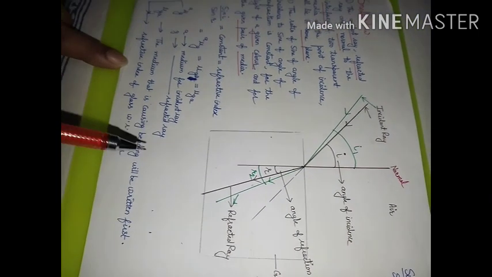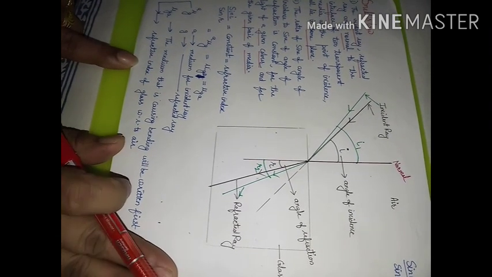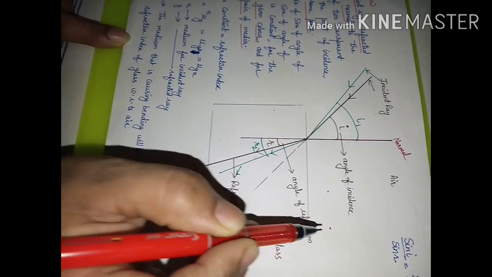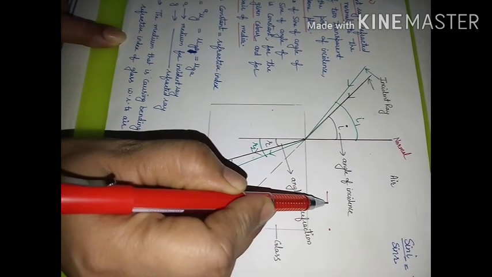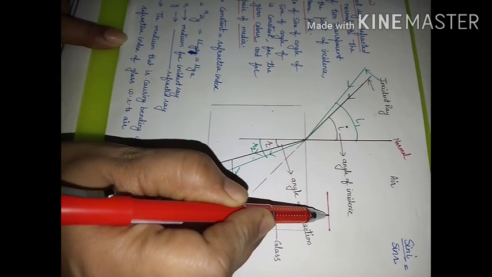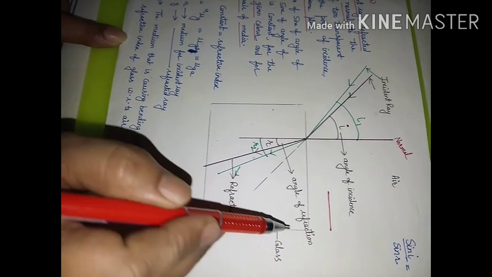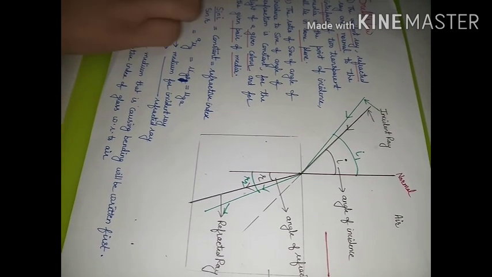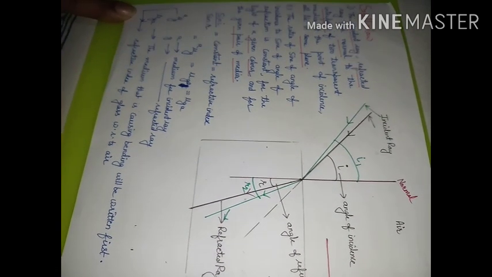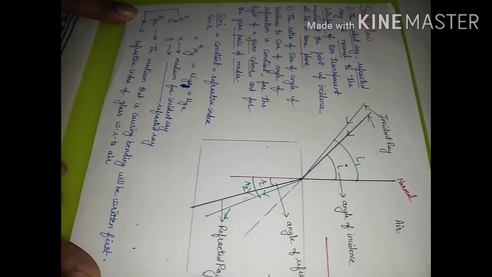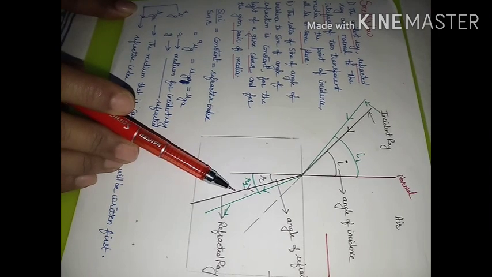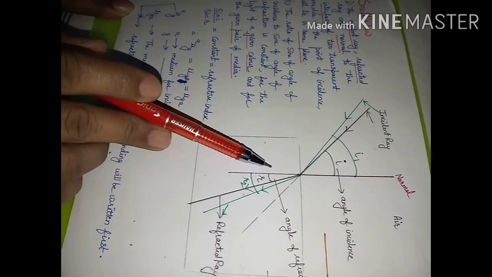Plane means a flat surface, two-dimensional, where if you draw any two points and join them with a line, then that line will lie on that flat surface only. So this paper is one plane. If I consider this is the x-axis, this is the y-axis, then this is representing the xy plane. So in this plane only our incident ray is present, refracted ray is present, and normal is present.